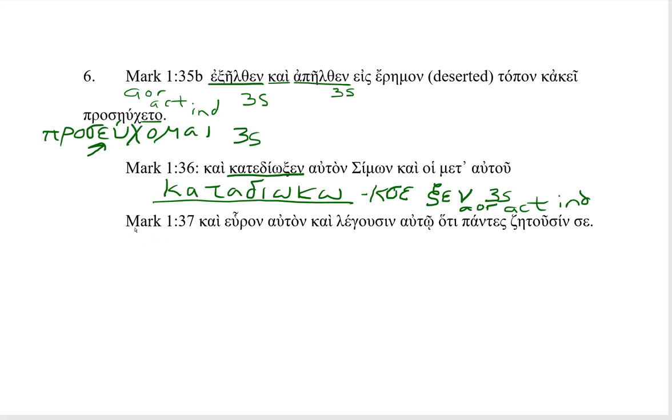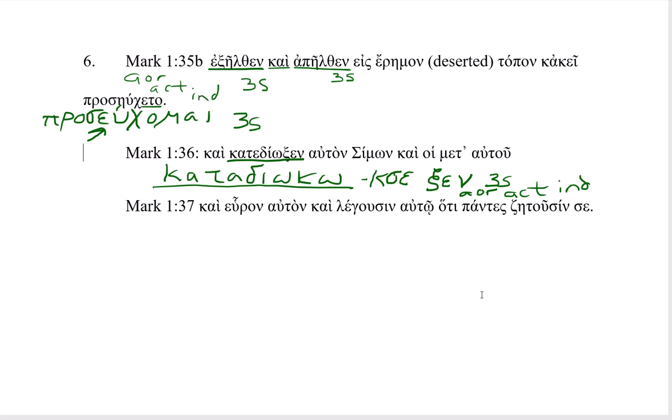And then we come to Mark 1:37. Kai heuron auton, kai legousin autō hoti pantes zētousin se. So our aorist verb here is heuron, and this comes from heuriskō. And so that stem is changing, that iota sigma kappa is being lost.